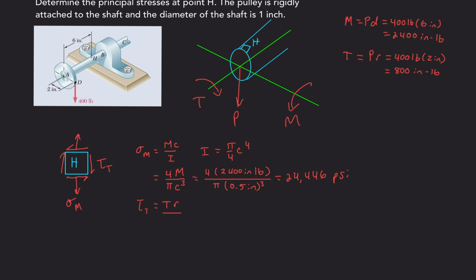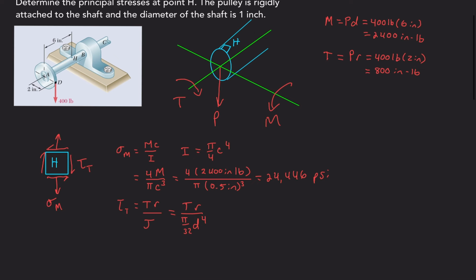Okay, so shear stress is equal to TR by J, which is equal to TR divided by pi by 32 d to the 4th power. Right? So if I rewrite the radius as 1/2 of the diameter, I'm going to get 16T by pi d cubed.